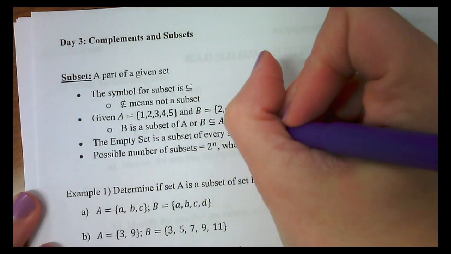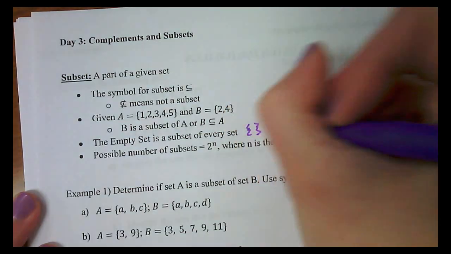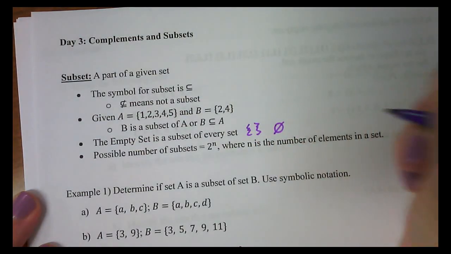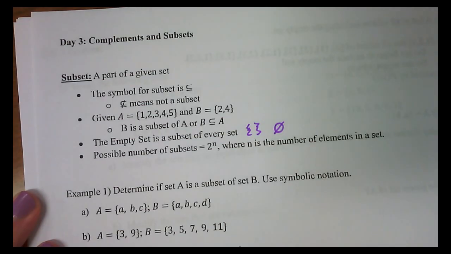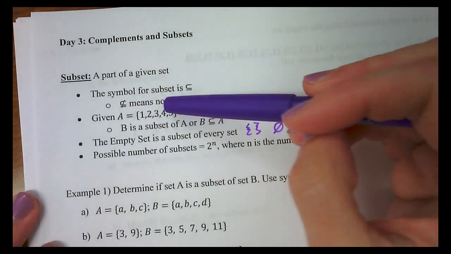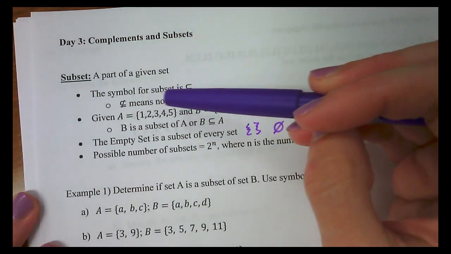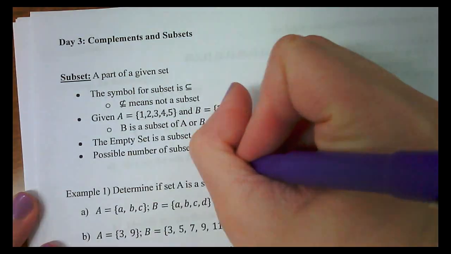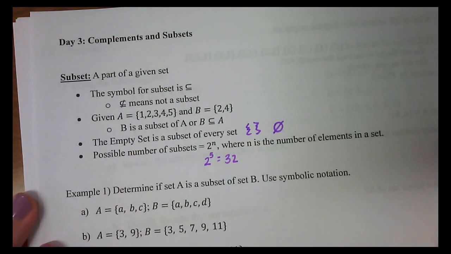When we talk about the empty set, you can write it as braces that have nothing in it, or you can write it like a 0 with a slash through it. It says the possible number of subsets equals 2 to the n, where n is the number of elements in a set. So for this set, there's 5 elements, so we would say 2 to the 5th, so we would have 32.